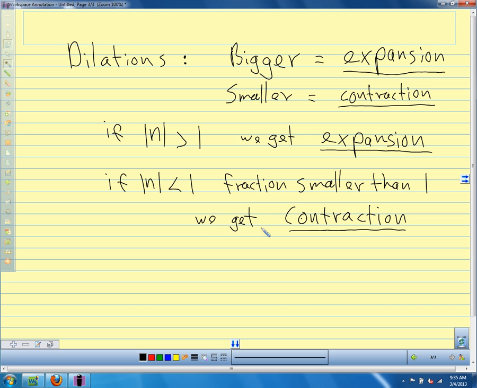So if our scale factor is a number bigger than 1, positive or negative, we get an expansion. If it's a fraction smaller than 1, we get a contraction. So if we had a scale factor of 1/2, it would shrink our lengths by 1/2. It would divide everything in 2.